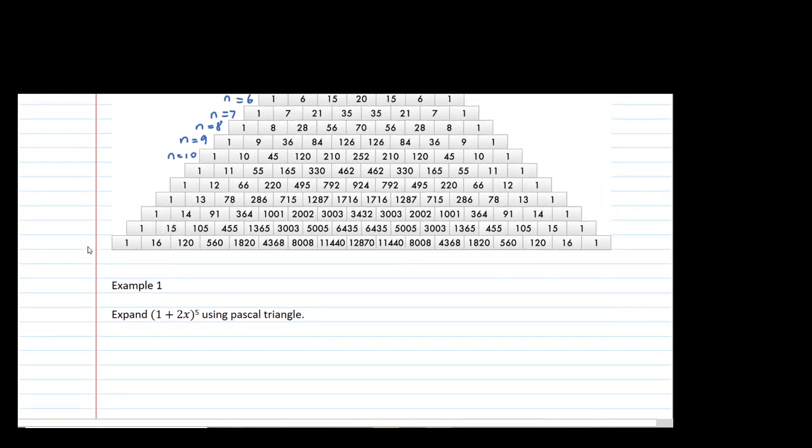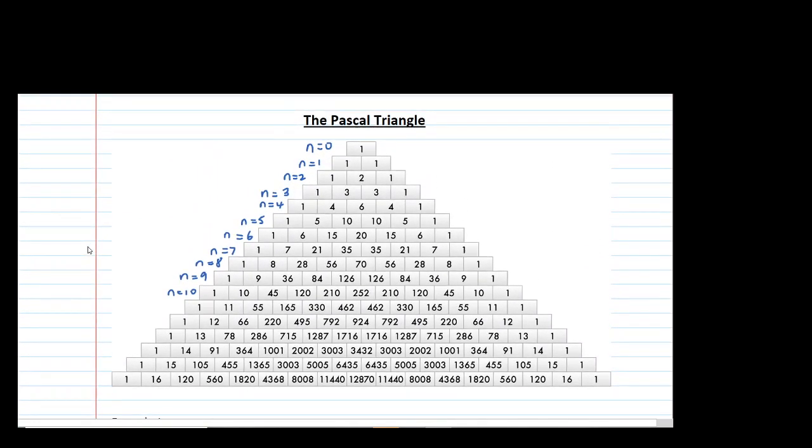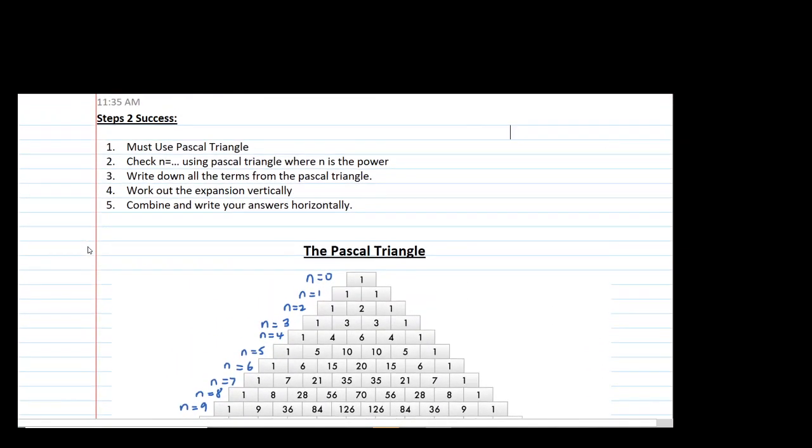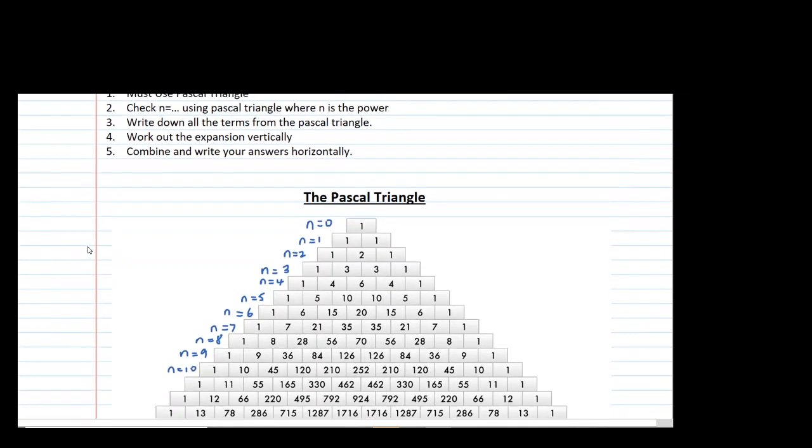Example 1 says: expand the bracket 1 plus 2x, close the bracket, to the power 5, using Pascal triangle. So step 1 is to use the Pascal triangle. From step 2, you must check n using the Pascal triangle, where n is the power.